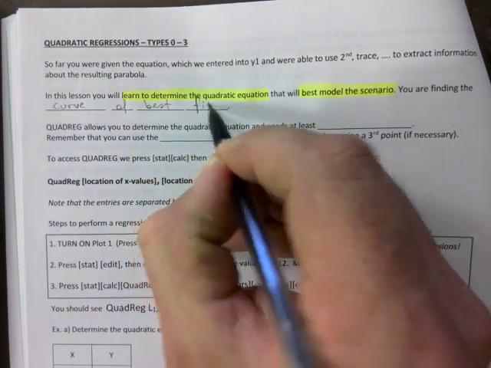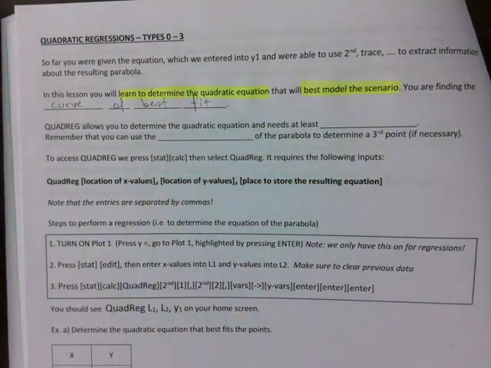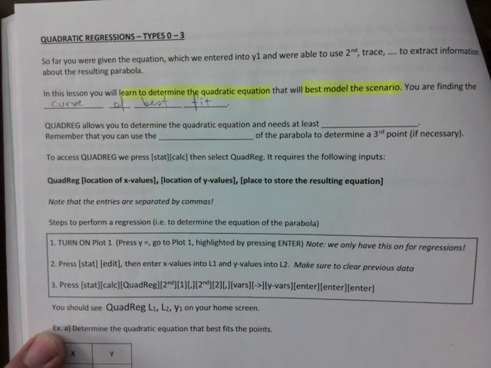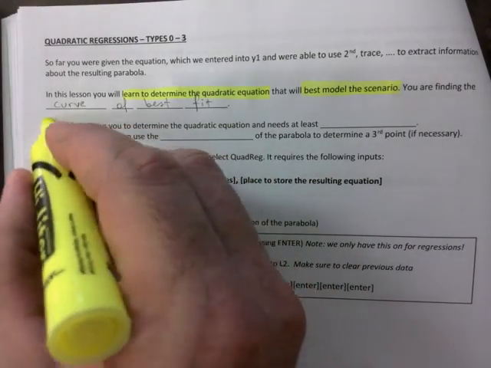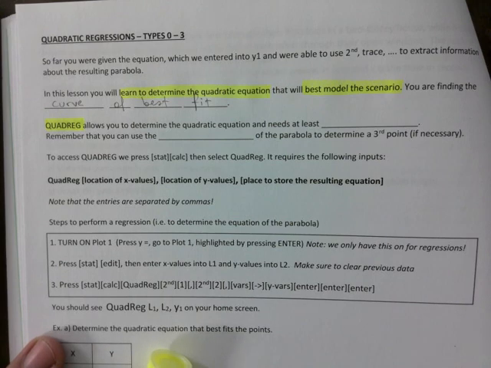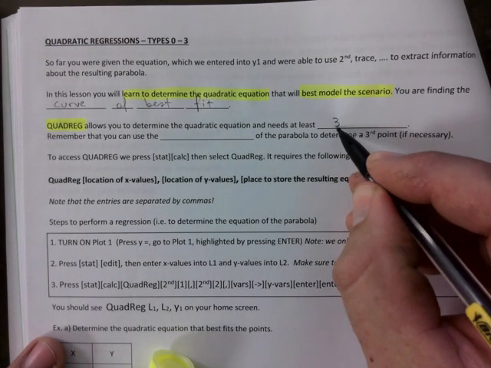You may have done some of this in grade 9 where you found the line of best fit. We will find the curve of best fit. And here it is, the word of the day: quadratic regression allows you to determine the quadratic equation and needs at least 3 points.